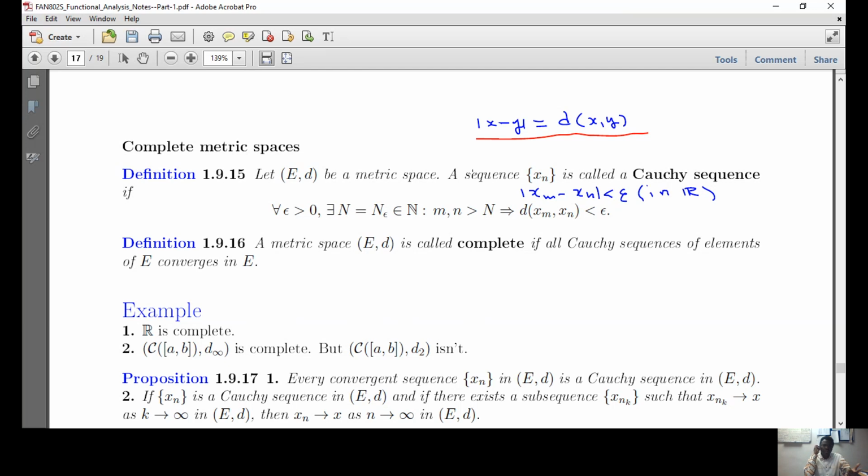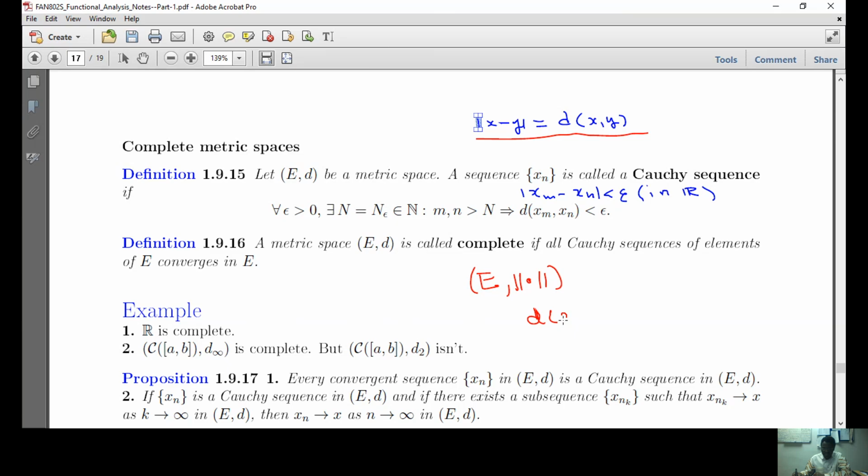Now, if you have a norm, from the norm you can construct a distance using exactly what I wrote here, right? The absolute value of x minus y is the distance from x to y. But now if I'm in a norm space, I replace the absolute value by the norm. I can define a metric from a norm, right? So if I'm in a norm space, let's say we have E and we have a norm, from this norm I can define the distance.